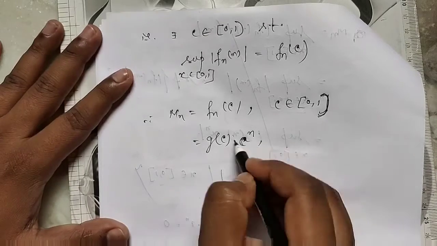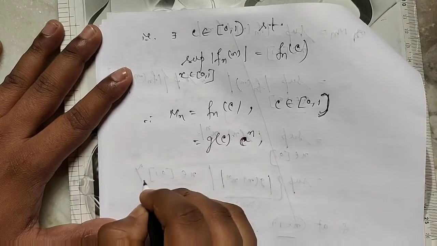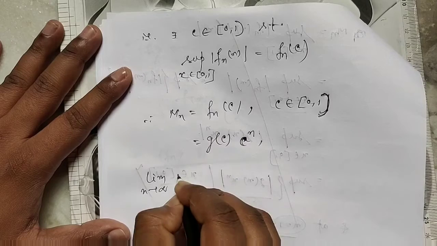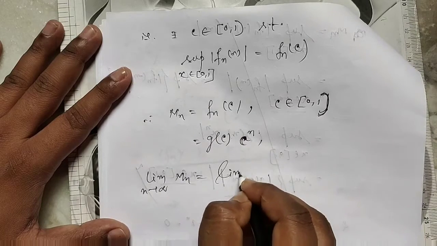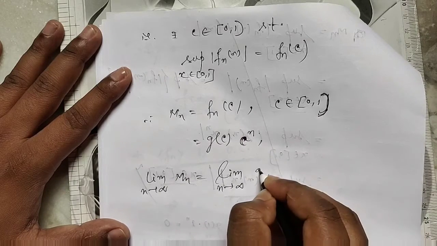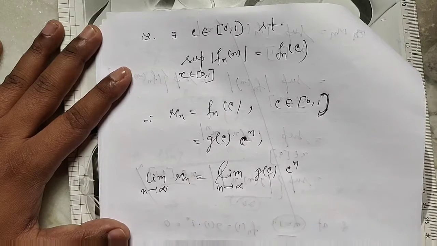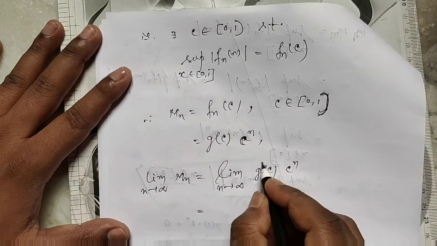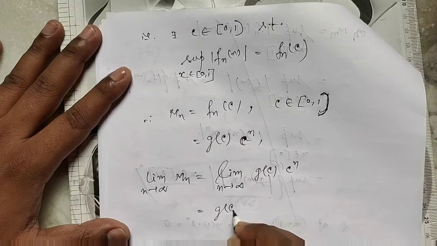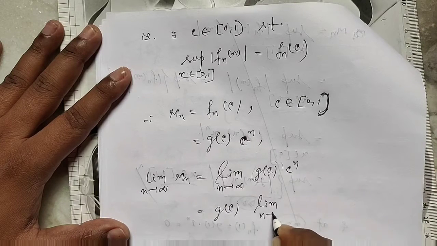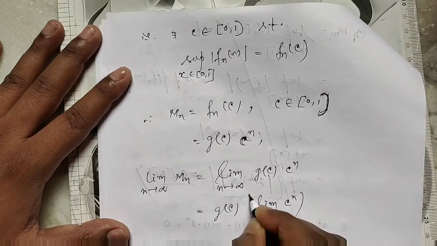Now limit n tends to infinity Mn equals limit n tends to infinity g of c into c to the power n. This is independent of n, so it is g of c into limit n tends to infinity c to the power n.